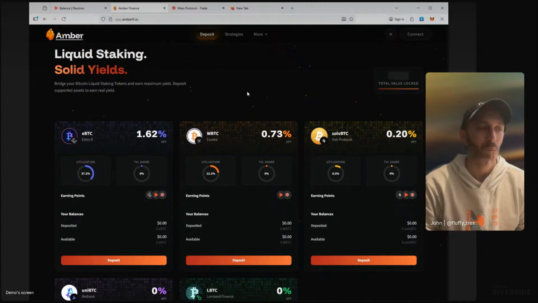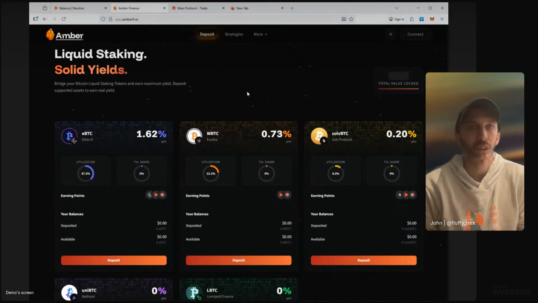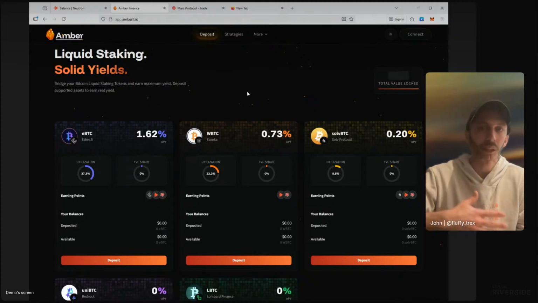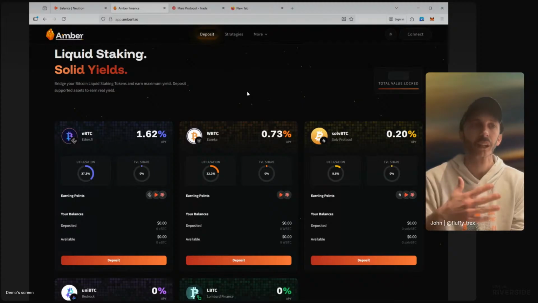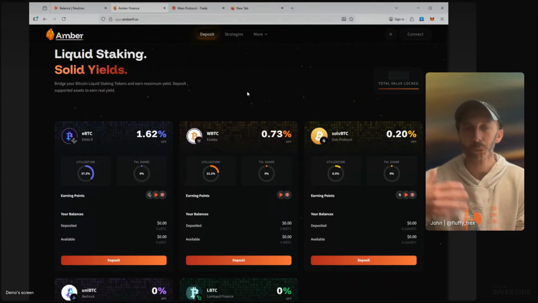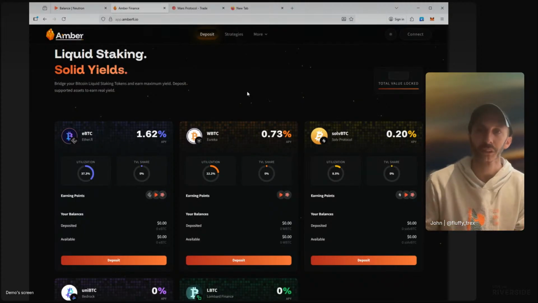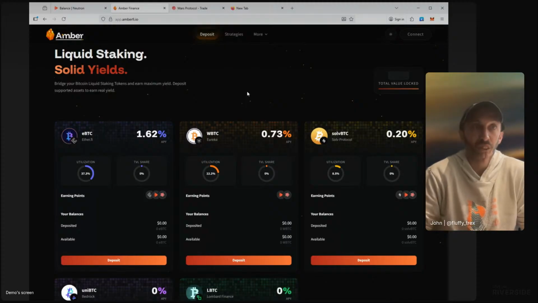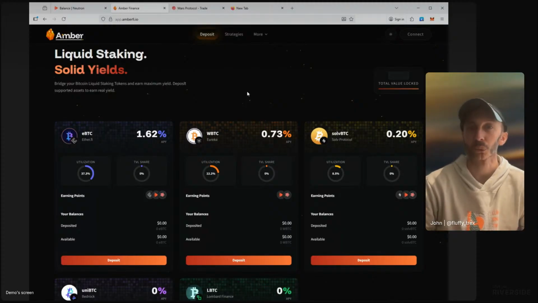And like I said, the people that are most interested in leverage looping are the people that don't think it's going up or down dramatically, or they don't know if it's going to go up or down, and they're just confident that in the long term it's going to perform well, and it's something they want to earn yield on. And that is pretty much exactly Bitcoin for a lot of people that are holding Bitcoin.